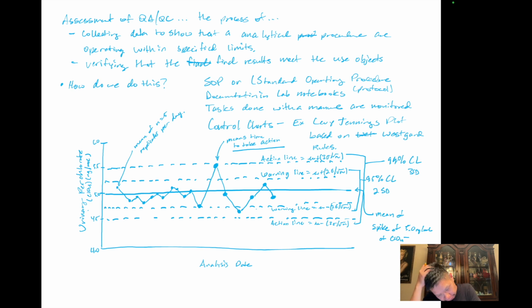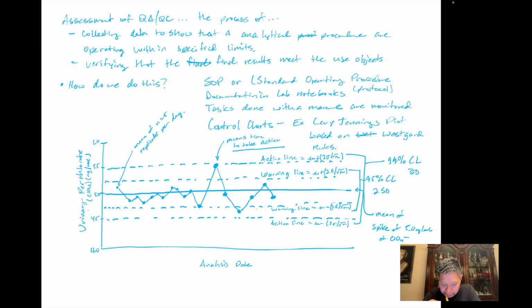Which is, for this particular example, you did a spike of 5.0 nanograms per mil of perchlorate in the urinary perchlorate samples, right? And so you expect then that the average of 5 replicates of that spike should be around 5 nanograms per mil, right?